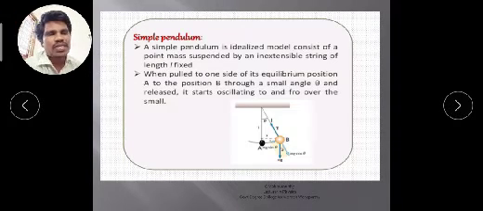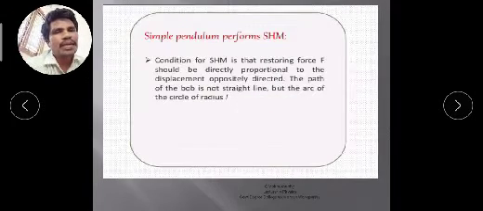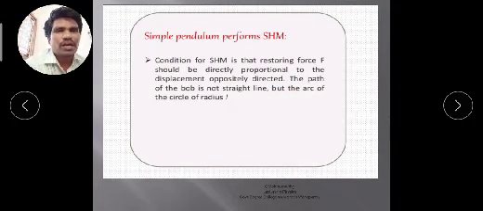So this type of body is called a simple pendulum. Now the simple pendulum performs simple harmonic motion.